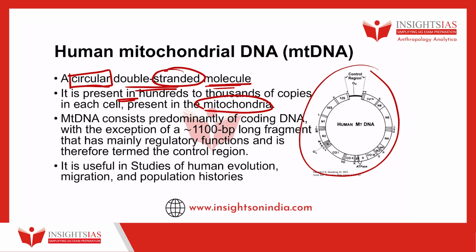The mitochondrial DNA consists predominantly of coding DNA, with an exception which is called the control region. Over here, if you see, this is the control region, which does not code but is mainly regulatory in nature.